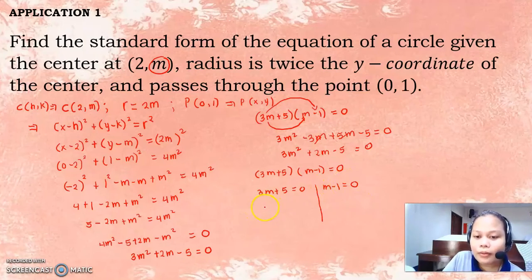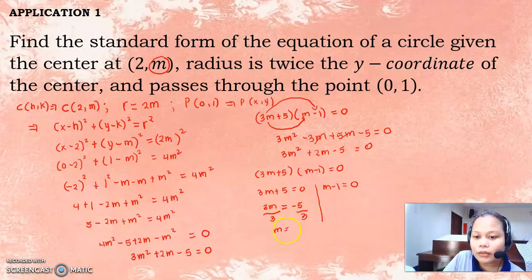So we have now 3m. So apply the subtraction property for positive 5, or just simply say that we are going to transpose this one to the other side. So we have here negative 5, then divide both sides by 3 to find the value of m.